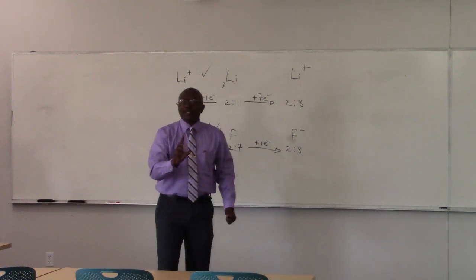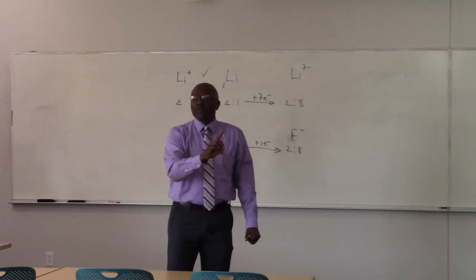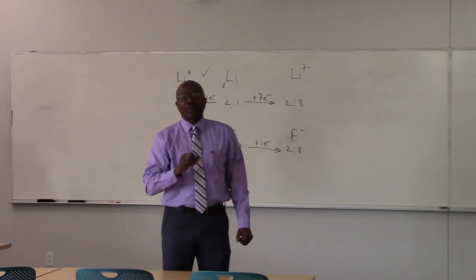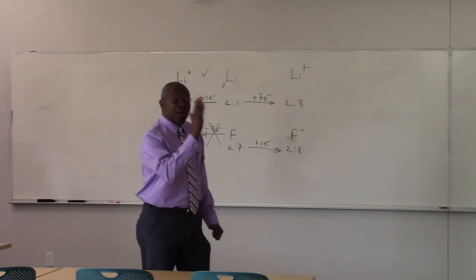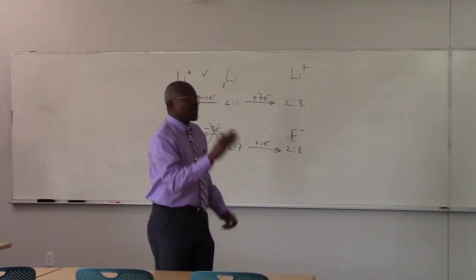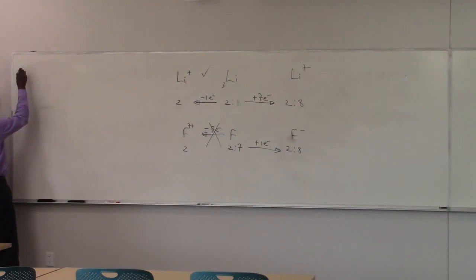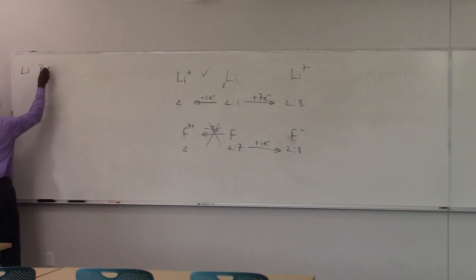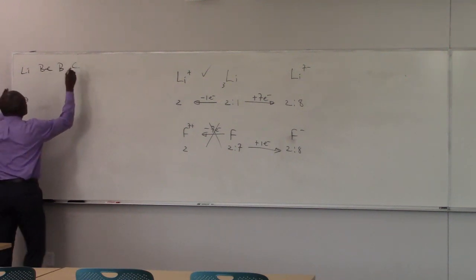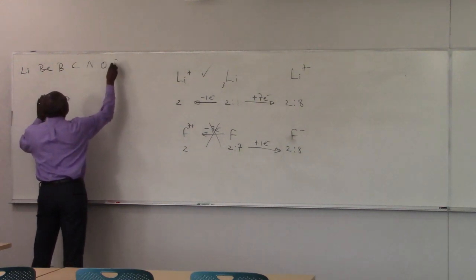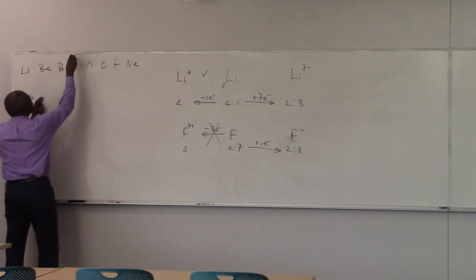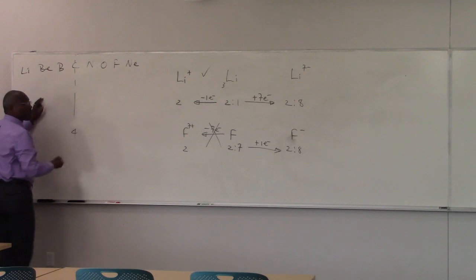So what determines whether I lose or gain electrons? The answer is where you are in the periodic table. If you are on the left, so you are lithium, beryllium, boron, carbon, nitrogen, oxygen, fluorine, and neon. So this has 4, this is group 4.